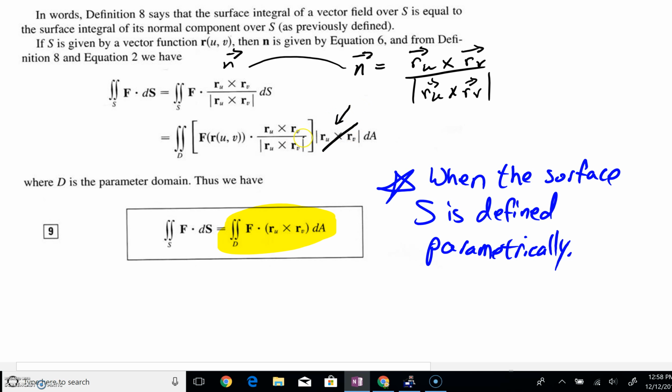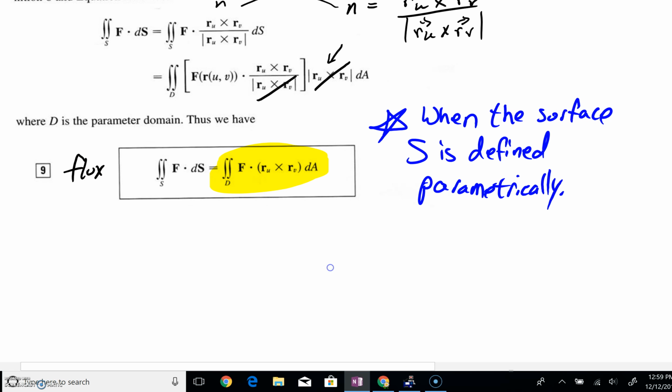You could see that these components cross out, and we can see then that the flux, that rate of flow over the surface, could ultimately be found in a more simple way by taking that double integral of F dot r_u cross r_v and integrating over the appropriate parameter boundaries.